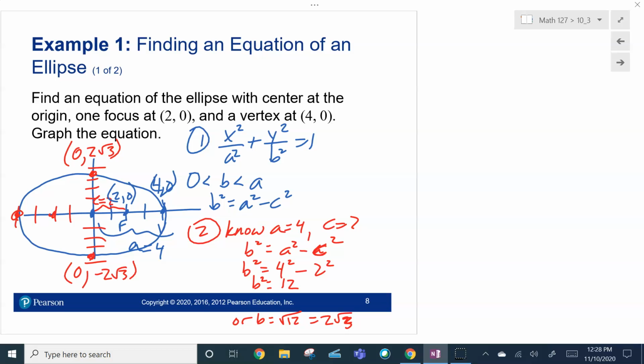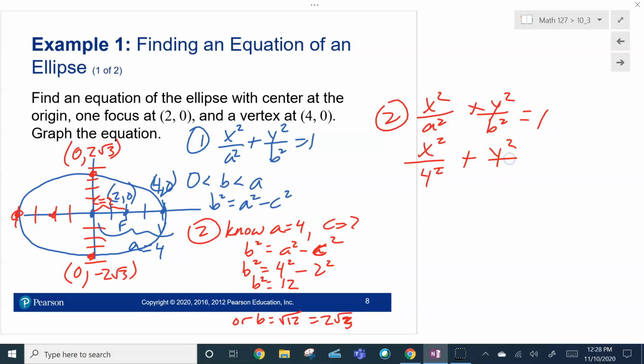Right? But now we've got the equation, we can write it. We have x squared over a squared plus y squared over b squared equals 1. I know my a is 4, so that's 4 squared. I know my b is 2 root 3, or square root of 12.